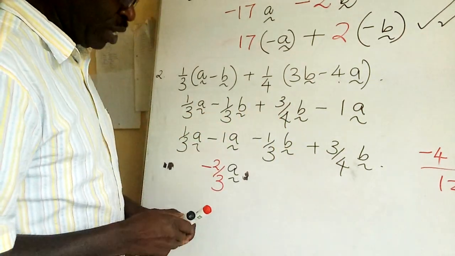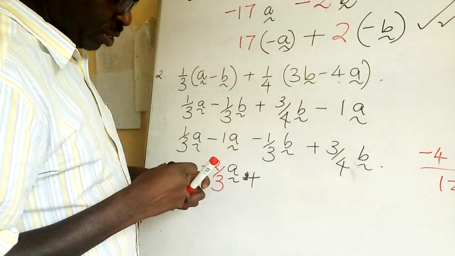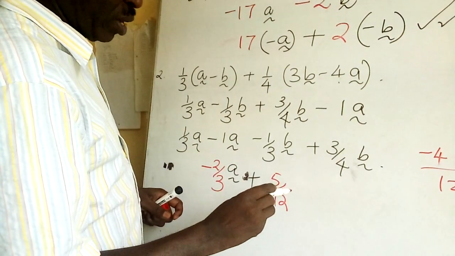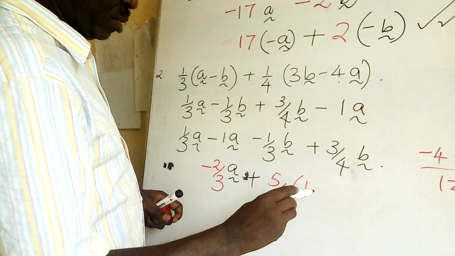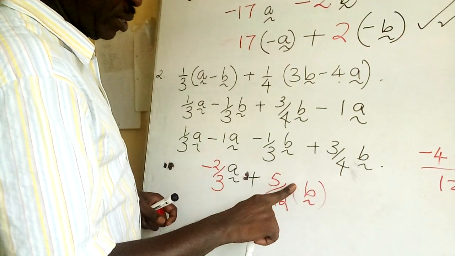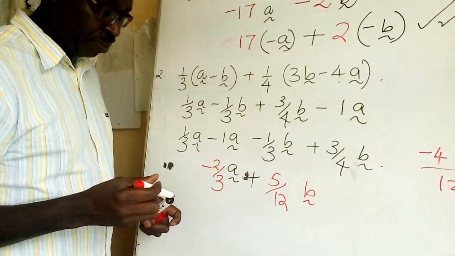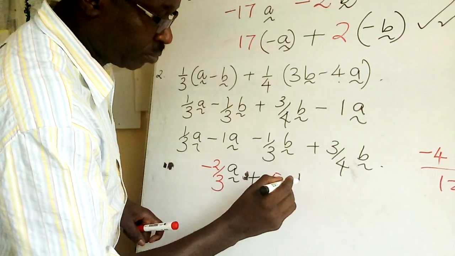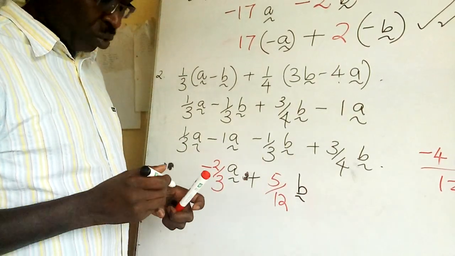So what do we have here? Plus 5 over 12 vector B. That is what I have.